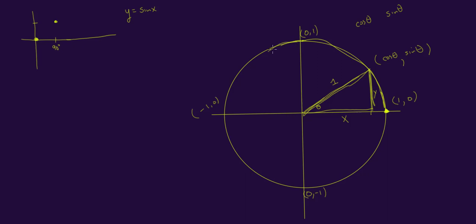Then my y-coordinates shrink down to 0, located at 180 degrees. Then I'll come down to the bottom. The y-coordinate down here is negative 1, so at 270 degrees, we get a value of negative 1. And then finally, as I complete the circle, at 360 degrees, again, my y-coordinate is 0.